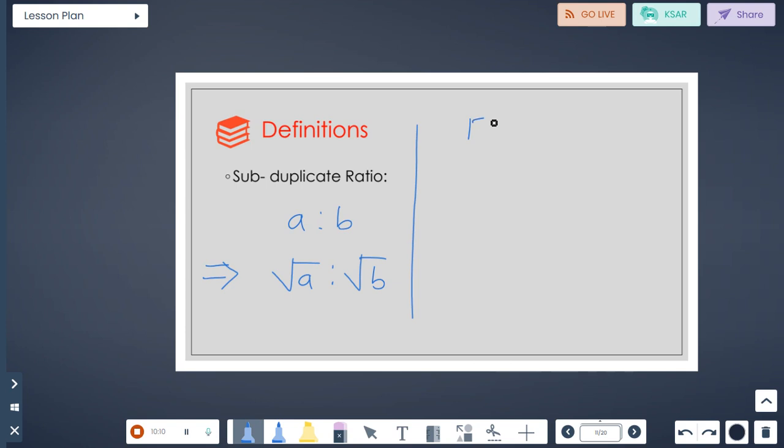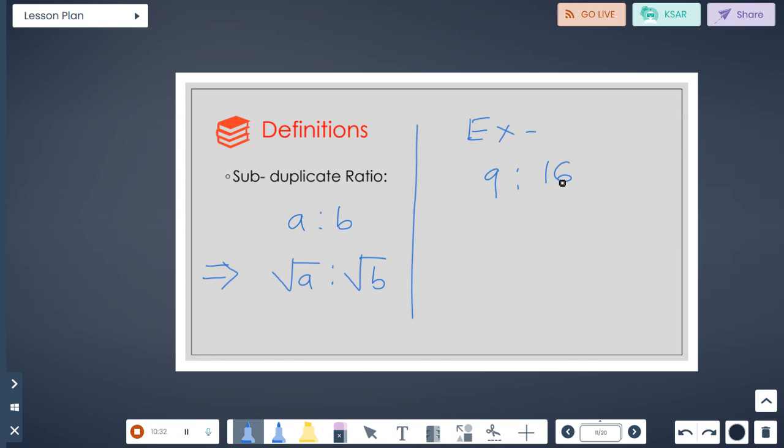For example, take the ratio 9 is to 16, and we have to find the subduplicate ratio of 9 is to 16. Simply we find the square root of 9 and the square root of 16.